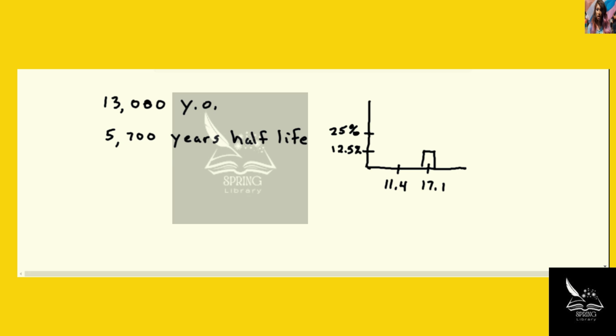So what we are seeing here, trying to interpret from this graph, is that the cave paintings are somewhere between 12.5% and 25% of the carbon-14 remaining. Of course, our number of 13,000 is somewhere right about here.